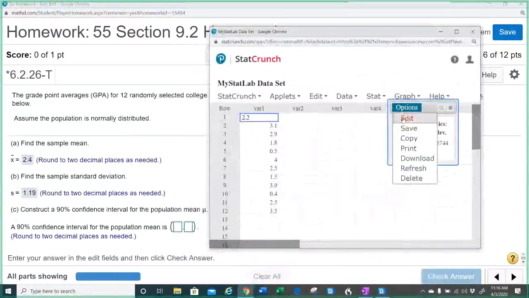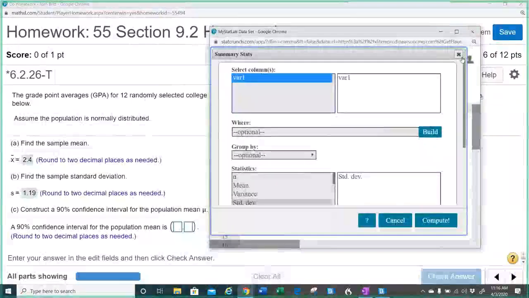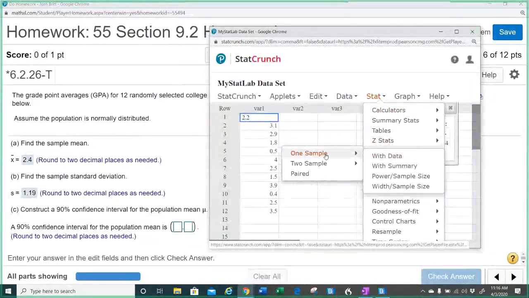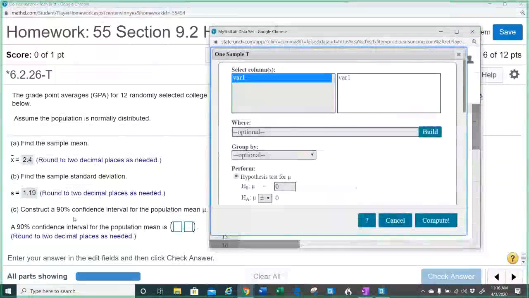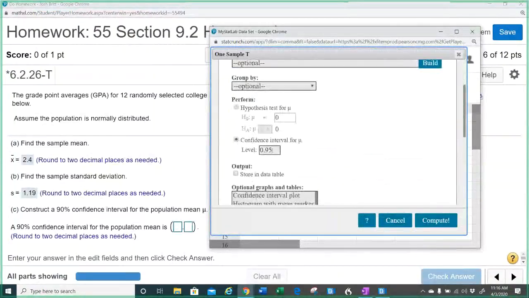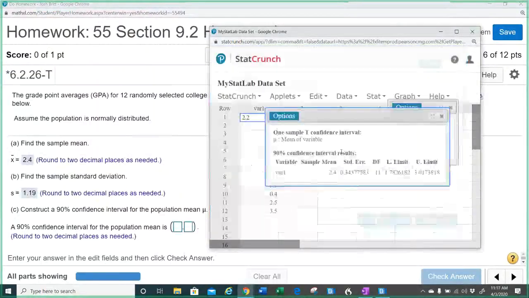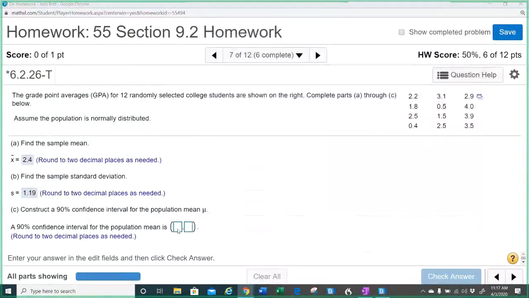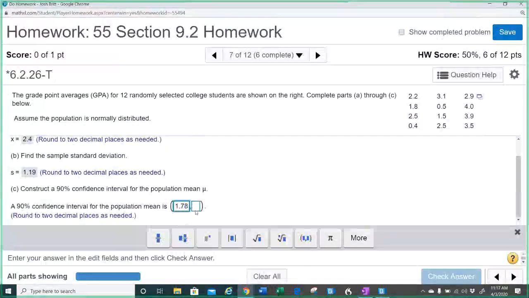So T-stat, one sample, with data, doing 90% confidence. So just change that to 90%. And we're going 2 decimals, so 1.78 and 3.02.